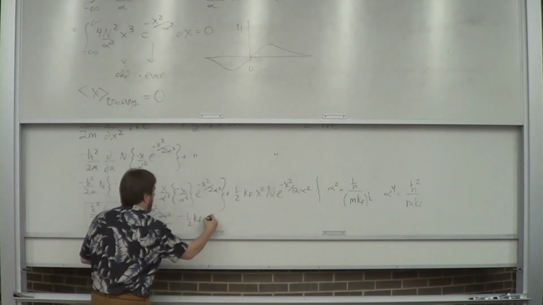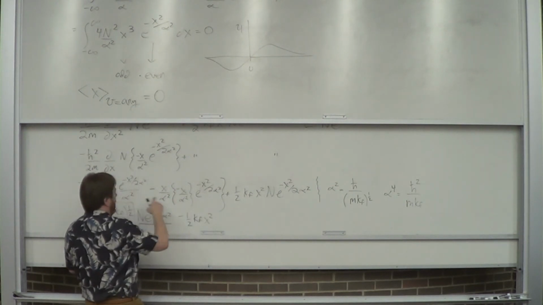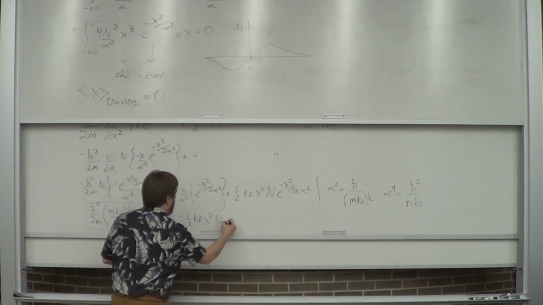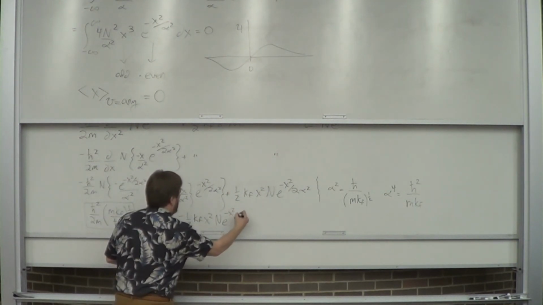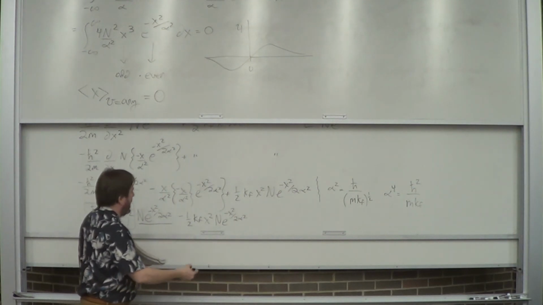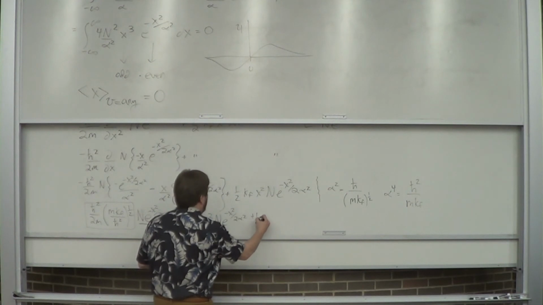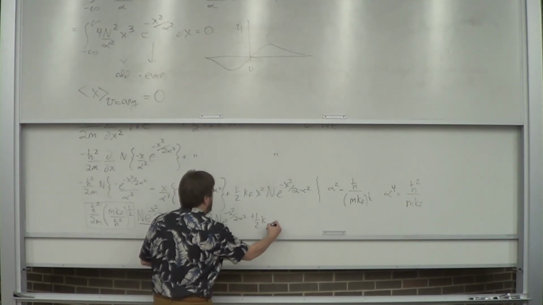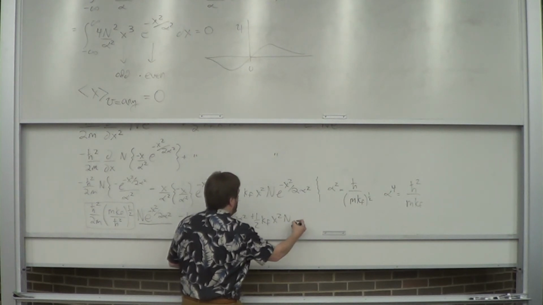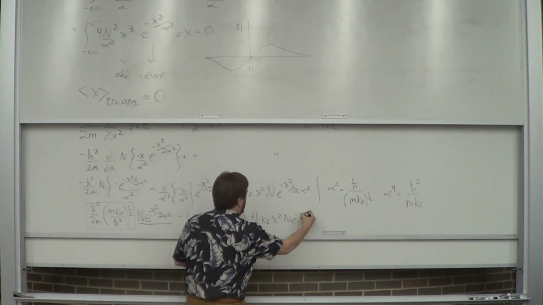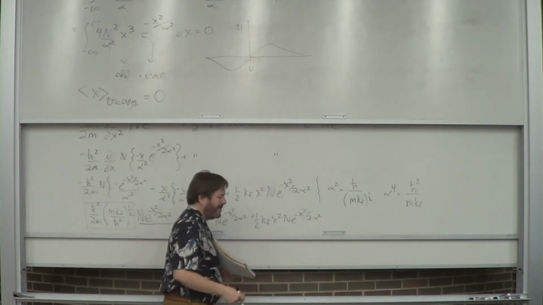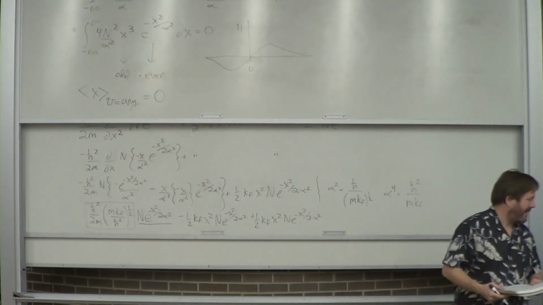X squared, n comes from here. And our exponential is still there. Okay, minus 1/2 kf x squared wave function plus 1/2 from the original potential energy term plus 1/2 kf e to the minus x squared over 2 alpha squared. There you go. We're basically done.